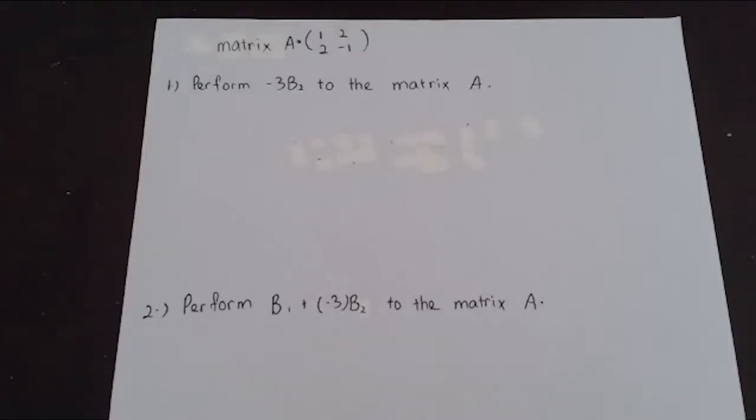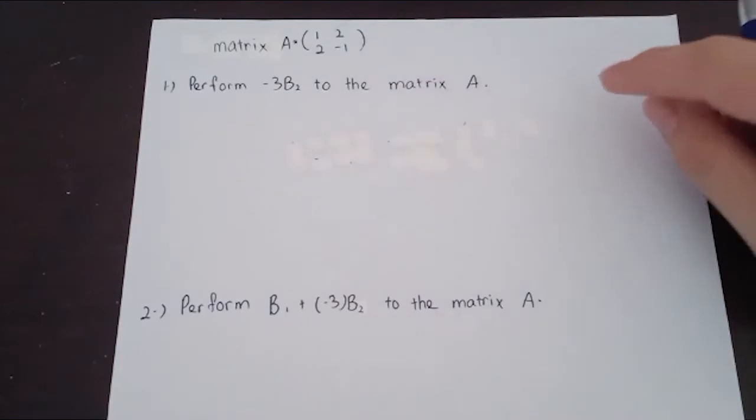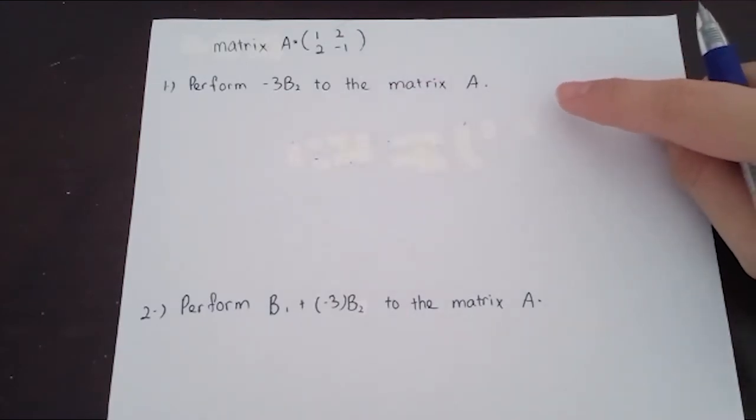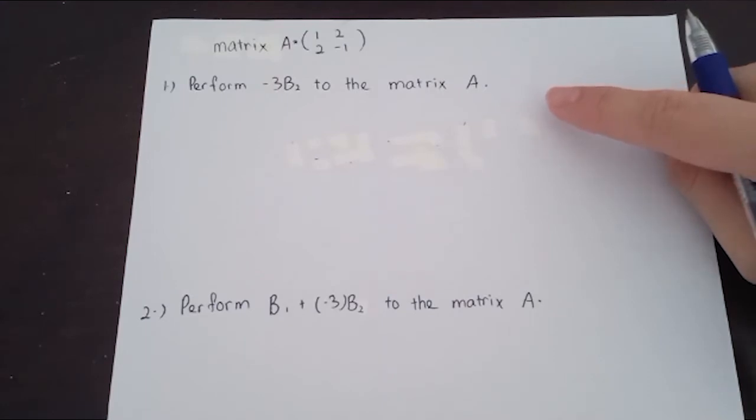Now let's take a look at the examples using the elementary row operations that I mentioned just now. Now we have matrix A, 1, 2, 2, negative 1. Question 1. Perform negative 3R2 to the matrix A. This means we need to multiply every element in the second row with negative 3.